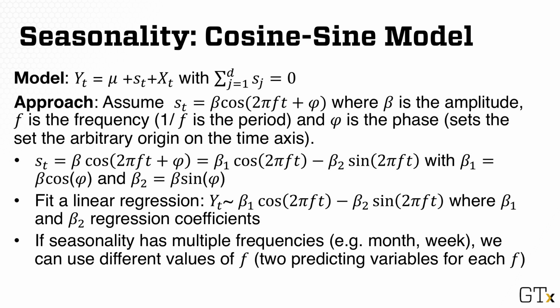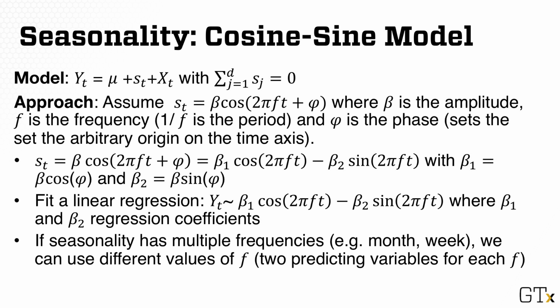The cosine curve is thus inconvenient for estimation because the amplitude and phase parameters do not enter the expression linearly. Fortunately, a trigonometric identity is available that allows reparameterization of the cosine curve as provided on the slide.